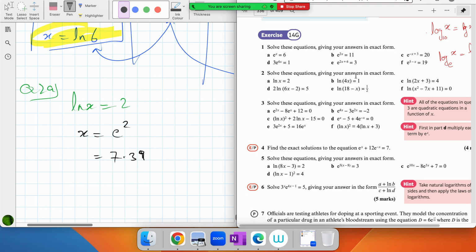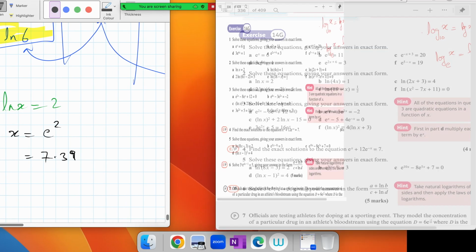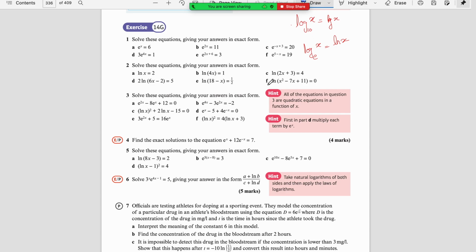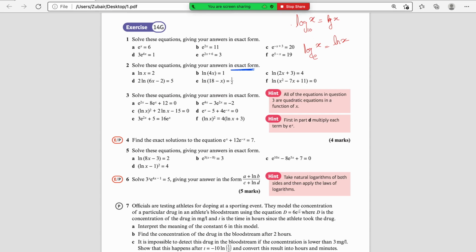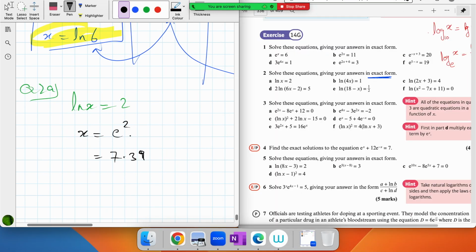And I've just noticed it said to leave your answer in exact form. So we'll leave our answer here as e square. x is equal to e square.